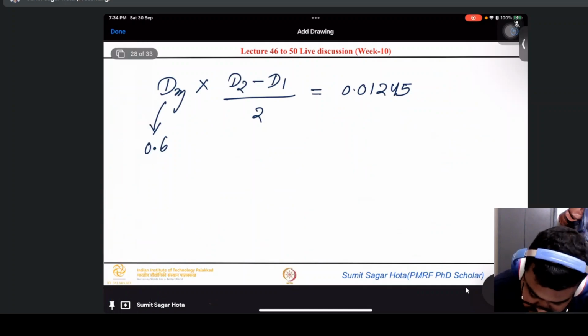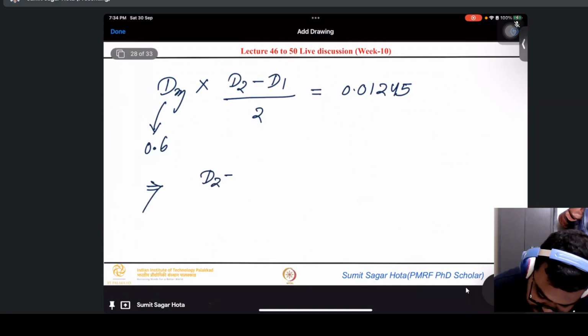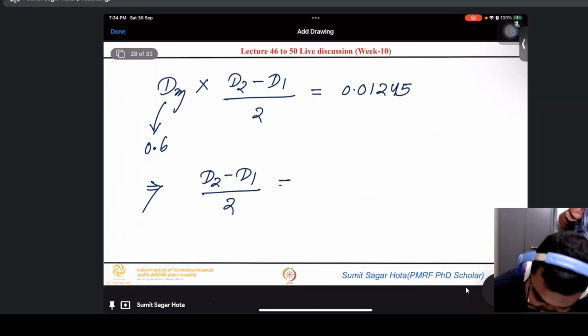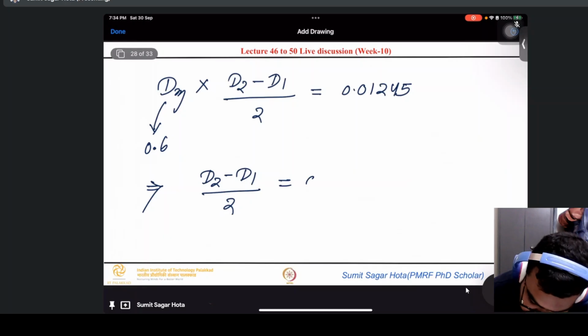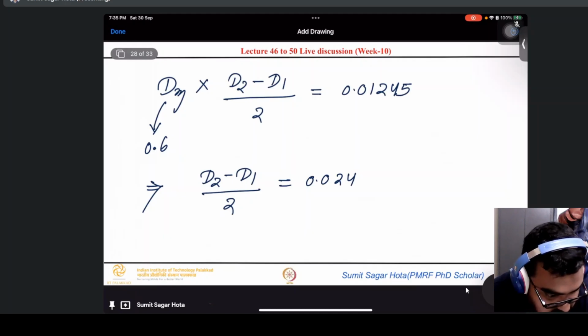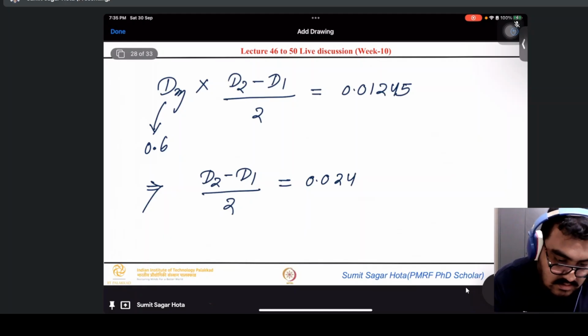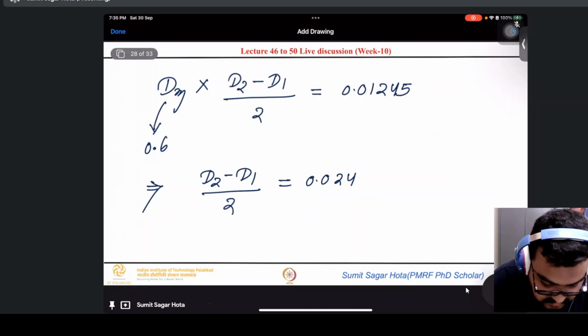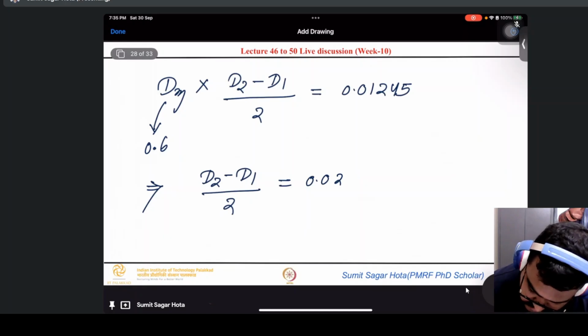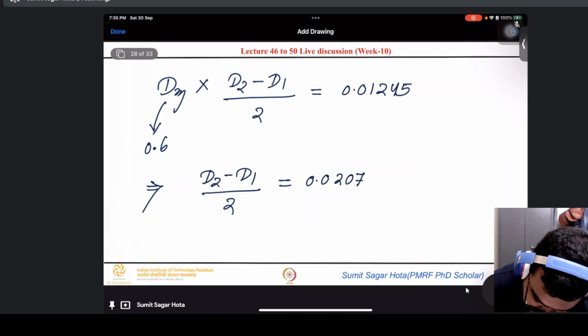So just find out what is d2 minus d1 by 2. If you found out, you get 0.02075.